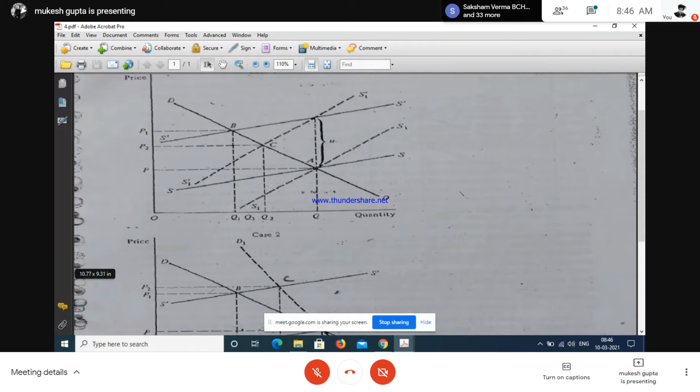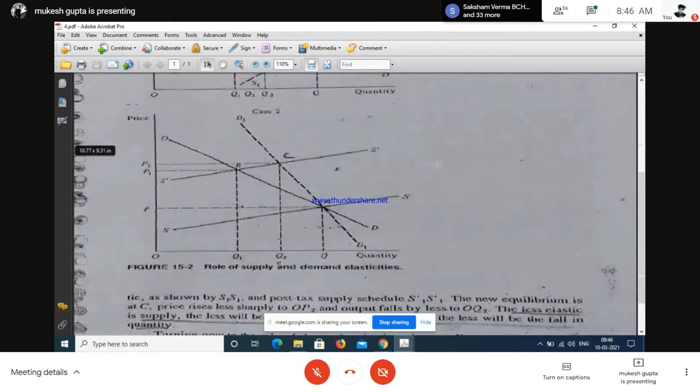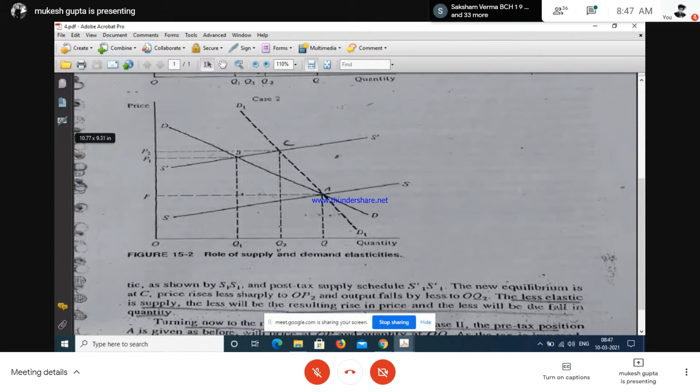In another diagram, when we change the elasticity of demand, DD is more elastic than D1. When the demand curve becomes less elastic, there is a larger increase in price, and the burden shared by the buyer increases.